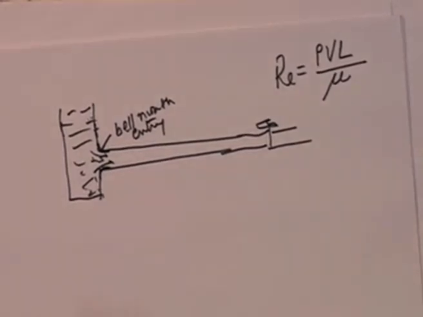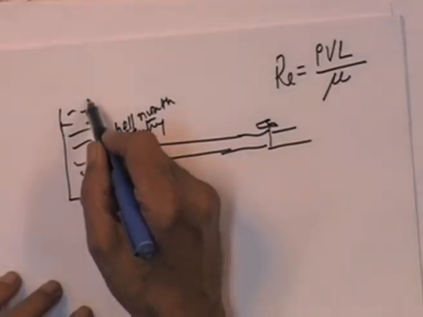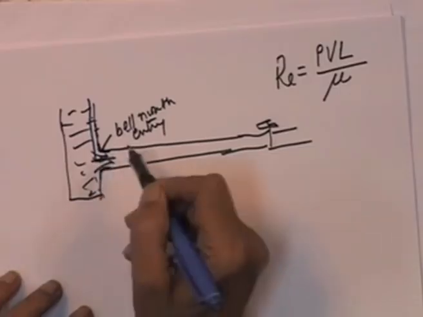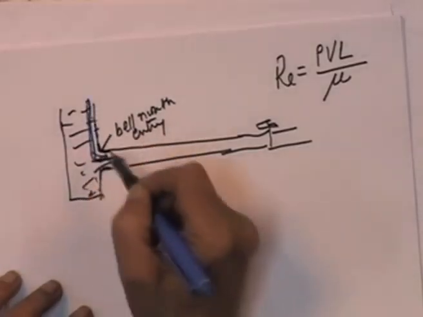What he also had was a dye injector at the center line, let us say ink.